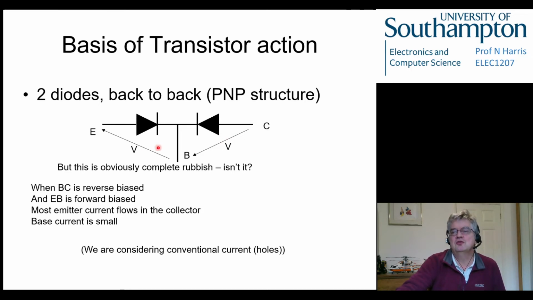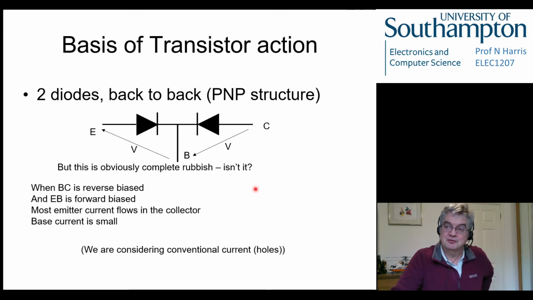So on the face of it, there's no real way that current can flow in this direction and come out, or indeed in the other direction and flow out, because this diode may well be forward biased, but this one would be reverse biased, so the current wouldn't be able to get through. Possibly it might come out the base, but it can't get through. But I've just said in the previous slide that it can get through, and actually it's quite a big current, and the big current flowing through here is controlled by a small current going into the base.